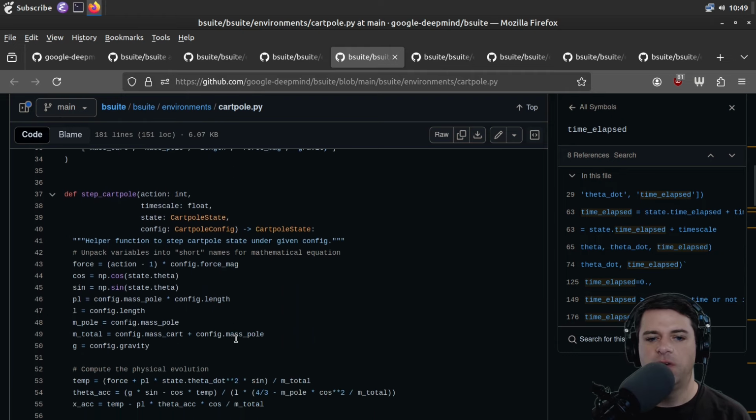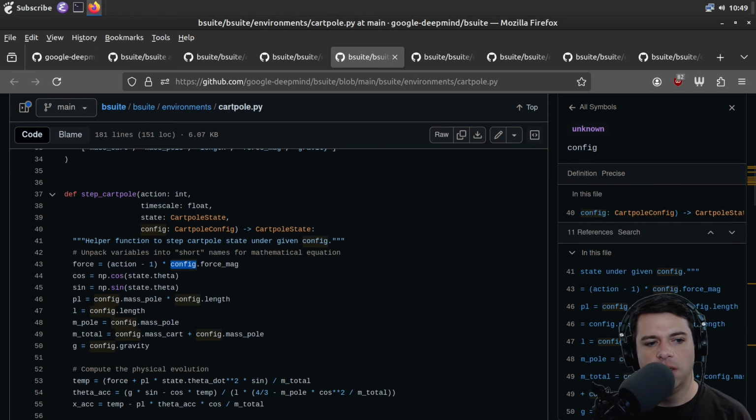We can look at this step function, step cartpole. So force is equal to action minus 1. So action should be 1, -1 or 0 times the force mag. And then we have cosine and sine of theta.